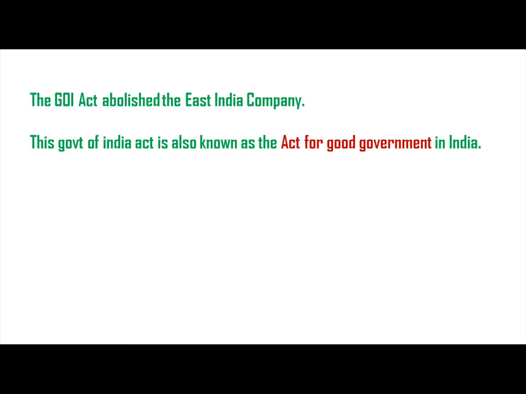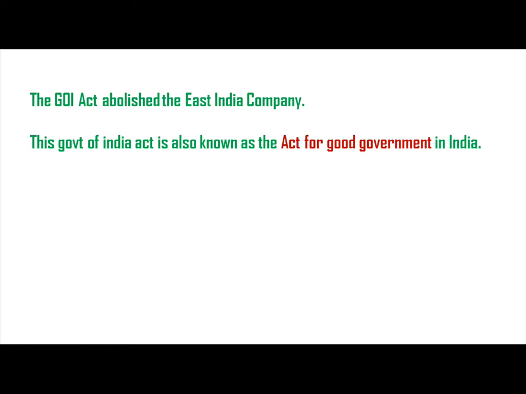This Government of India Act completely abolished the East India Company. East India Company rule was completely abolished from India after this Act of 1858.